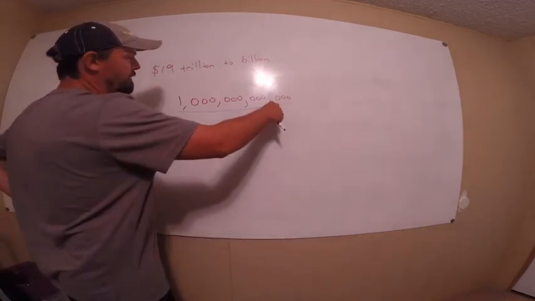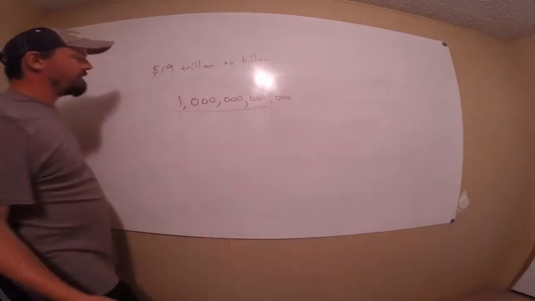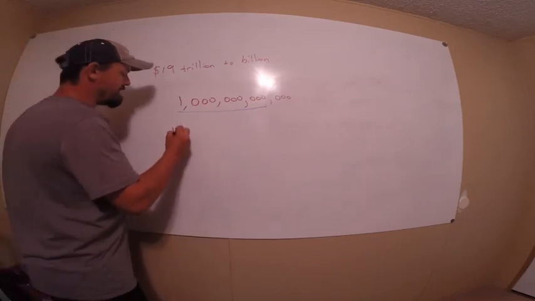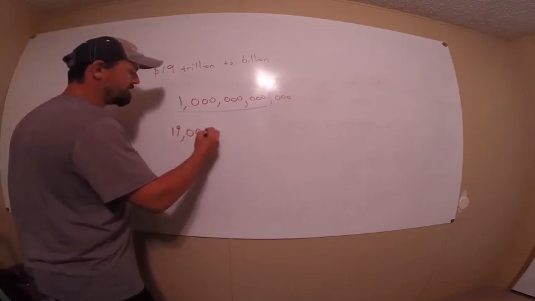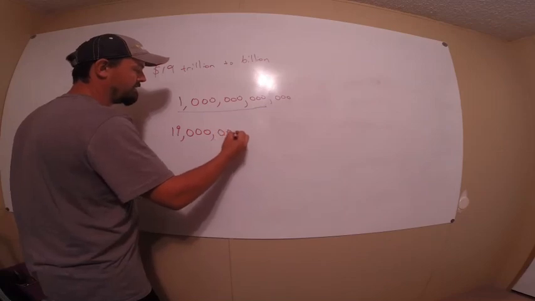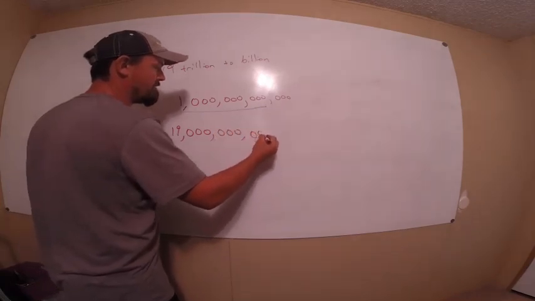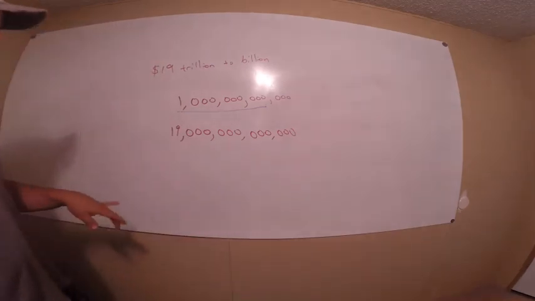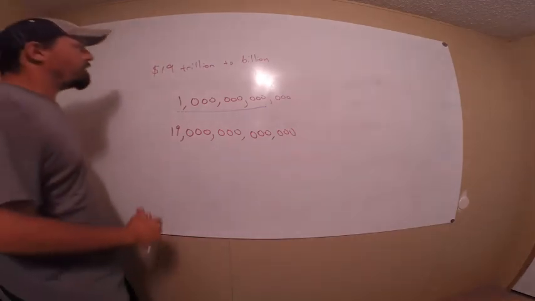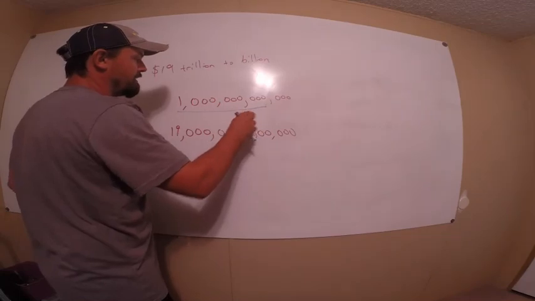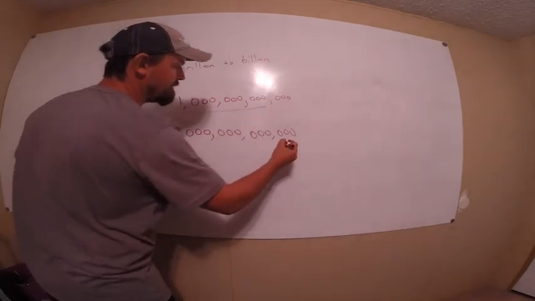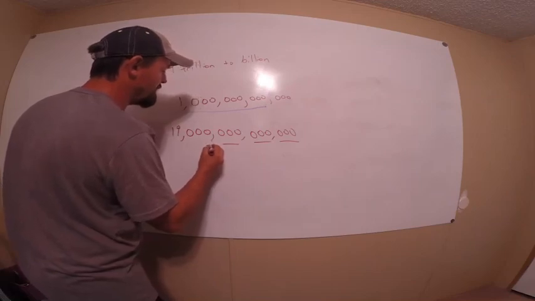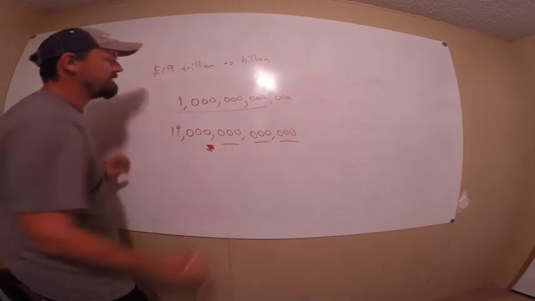So if I want to go from trillion back to billion, if I've got 19 trillion, and I want to go to billion, this is my billionths place right here.